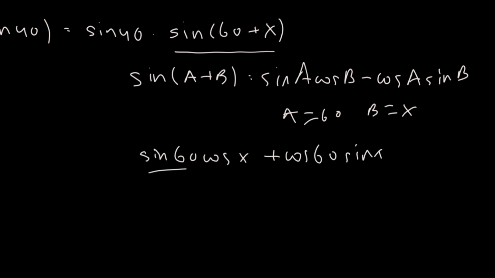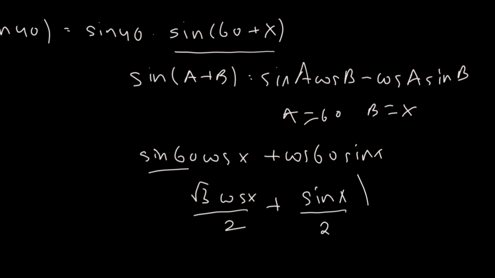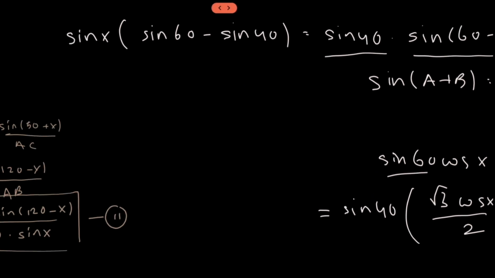Now we know the value of sine of 60 degrees is root 3 by 2. So root 3 cos x upon 2 plus cos of 60 degrees, that has a value 1 upon 2. Therefore sine of x upon 2, and this thing is getting multiplied with sine of 40 degrees, and this thing is equal to the product of this term.